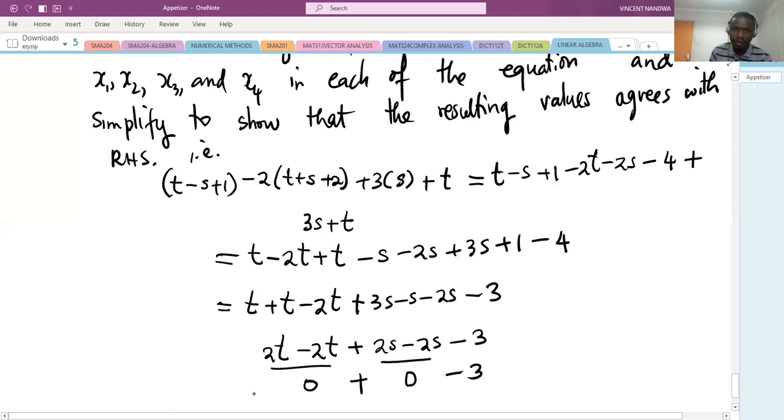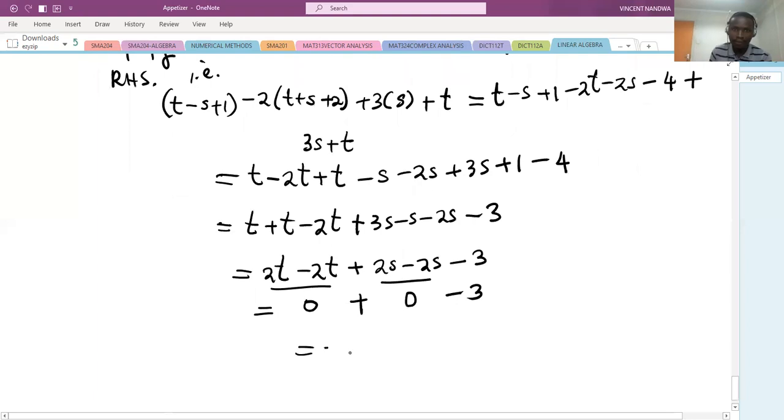So 0 plus 0 plus minus 3 is just minus 3. And this was what was given as the right-hand side for equation 1.